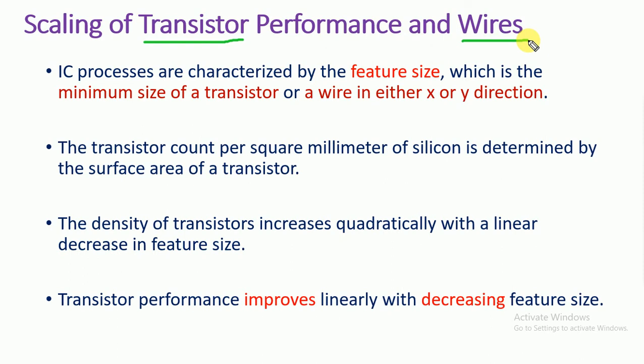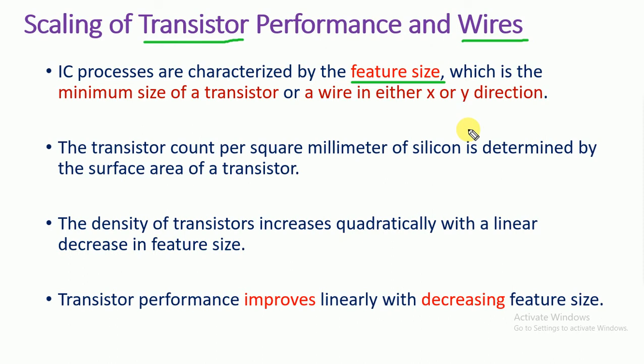IC processors are characterized by the feature size. So an IC is characterized based on the feature size. Feature size indicates the size of, as you know, when we look at an IC, how it looks, that size. Normally we can imagine an IC is always small in size.